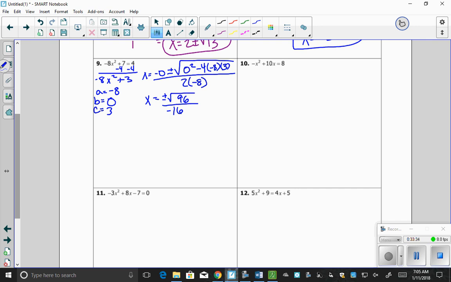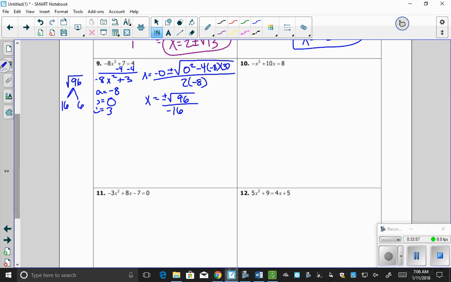So taking the square root of 96, to simplify it, I've got to find a perfect square that will go into 96. And 16 will go into 96.